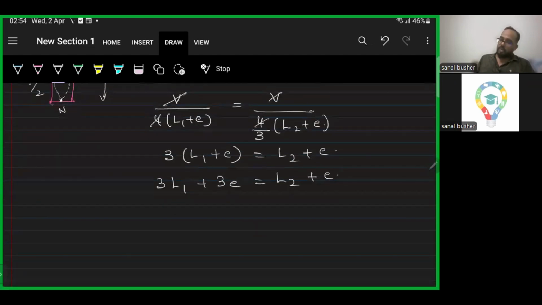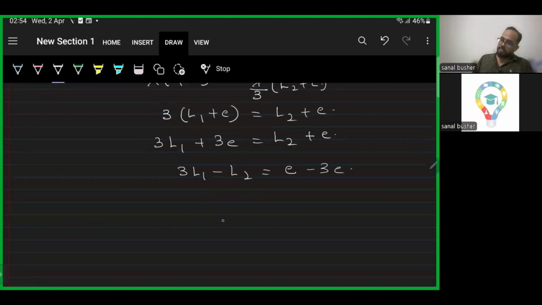Now you need to solve for the end correction E from this equation. So 3L1 minus L2 is equal to E minus 3E. So 2E is equal to L2 minus 3L1. So E is equal to (L2 minus 3 L1) divided by 2.